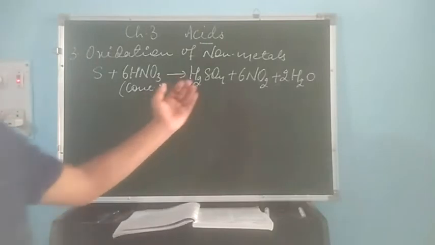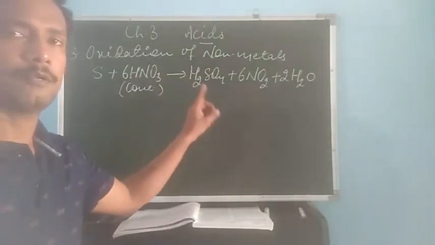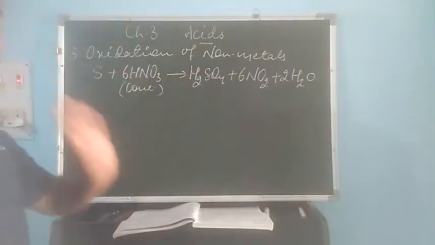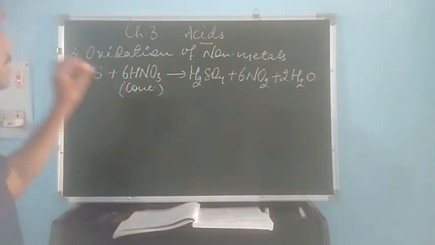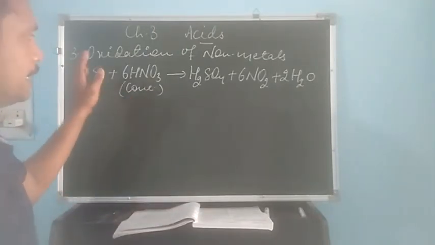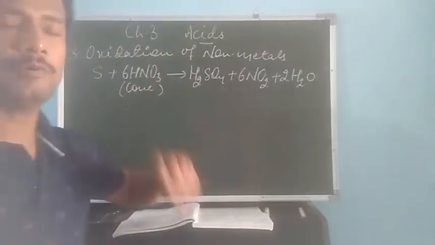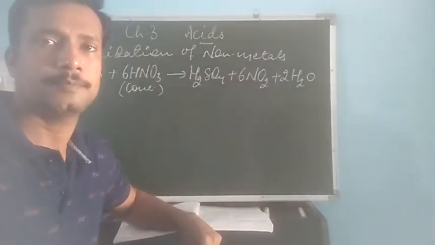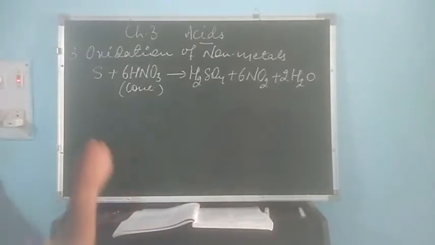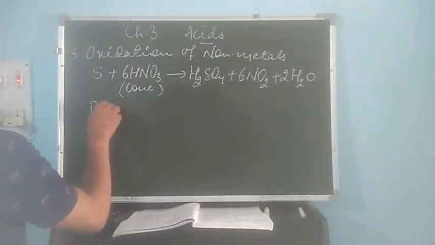You can see here that we have got sulfuric acid using an oxidizing agent, and here sulfur is the non-metal getting oxidized. So we can say sulfur has been oxidized to sulfuric acid. Now we have another non-metal like phosphorus.